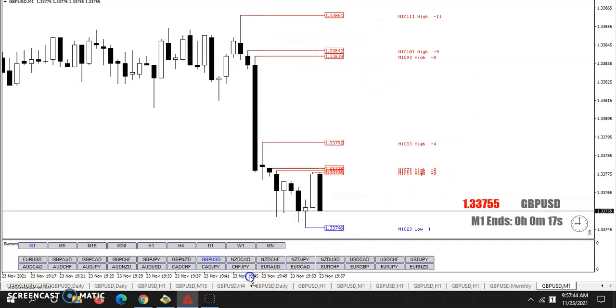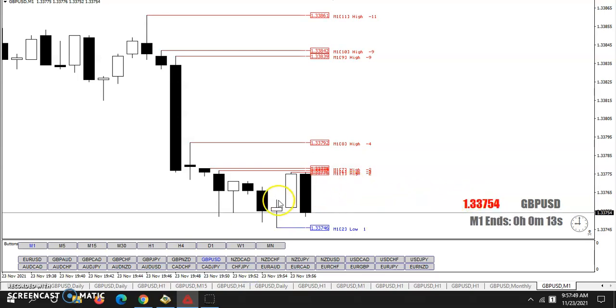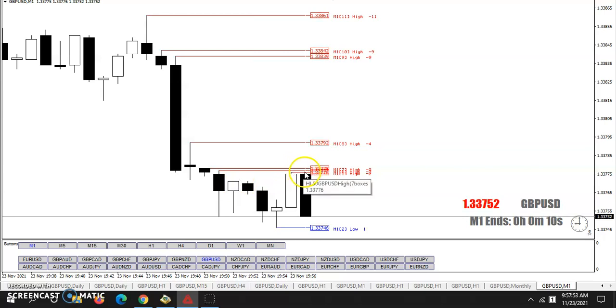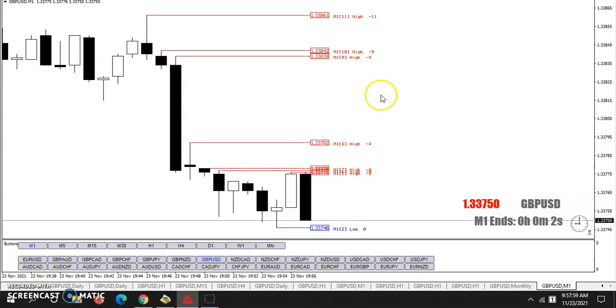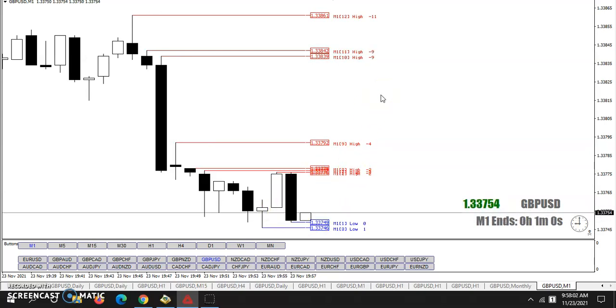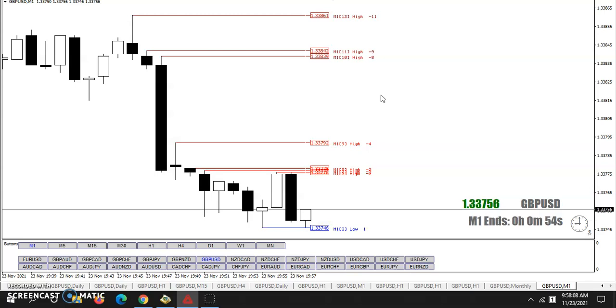You can see what price is doing. So on the M1, you can see price took out 1, 2, 3, 4 highs, and then failed to take out the last high, and it has now reversed and basically covered that candle. And we're getting right near the top of the hour, so probably going to see a lot of nice price action here.